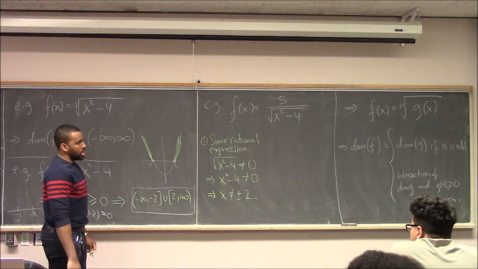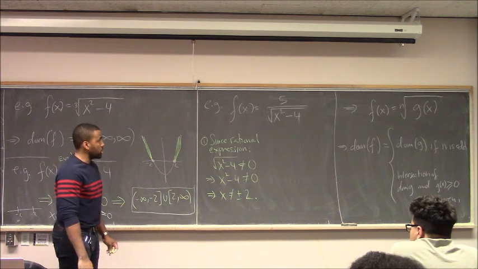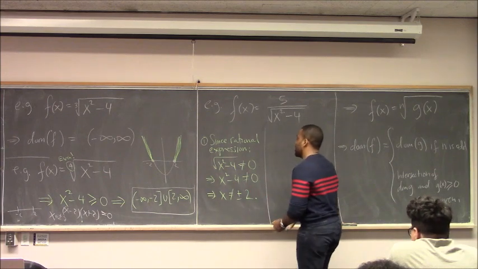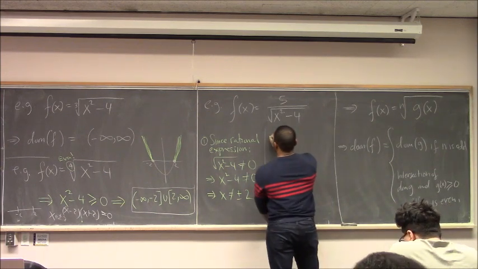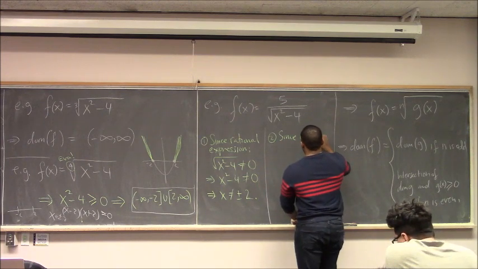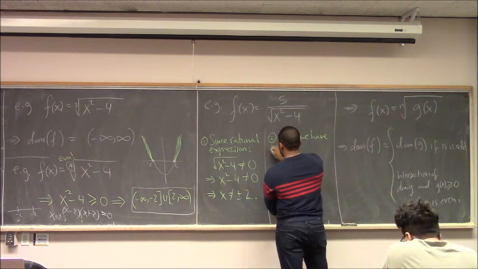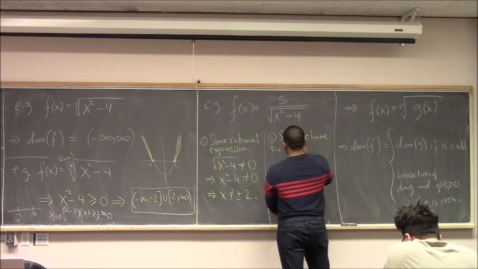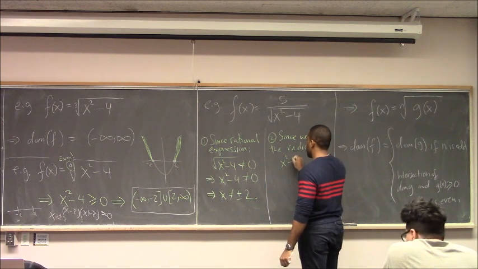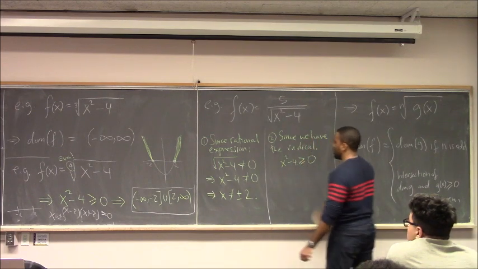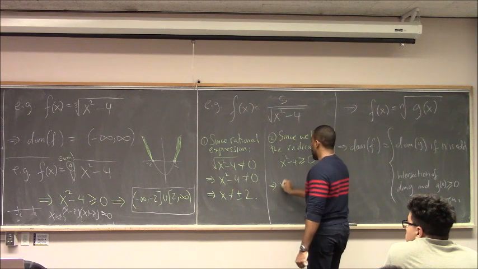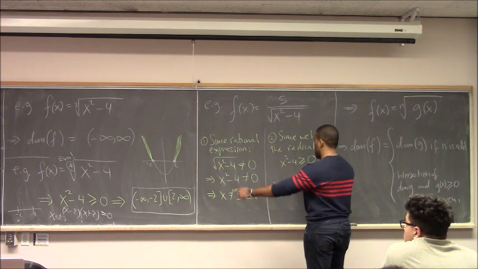So the denominator cannot be 0, but that's not the only restriction here. We also have another restriction taking place, since we have a radical. I know that my x squared minus 4 must be greater than or equal to 0. So this means that my x must be a member of the set we found before.